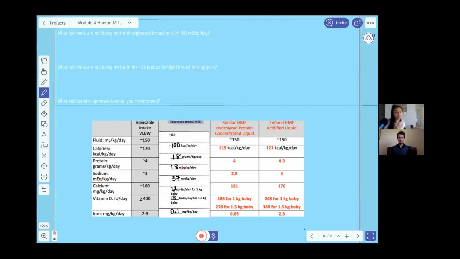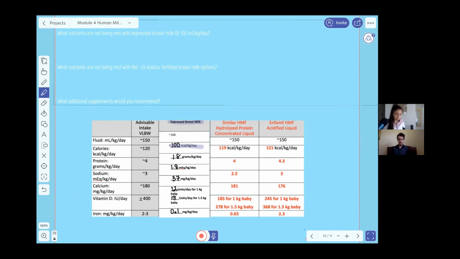Met or not being met? Pretty obvious, right? So definitely our calories for our express breast milk is not being met. Next, we have our protein. With express breast milk, we have 1.8 grams per kilogram per day, and our advisable intake is about 4 grams per kilogram per day. So that's obviously not being met as well.